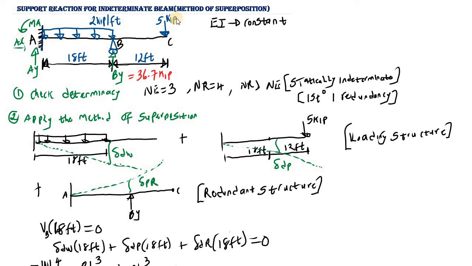As you can see, we can easily get the reaction AY and the bending moment MA, because AX is equal to 0 since we don't have any horizontal force acting on the beam. So AX is automatically 0, and we are left with just AY and the moment MA. We are going to take the summation of all the forces in the vertical direction equal to 0 so that we can get AY.